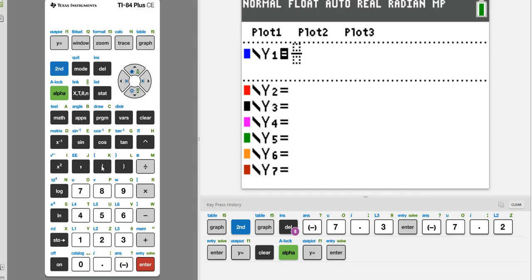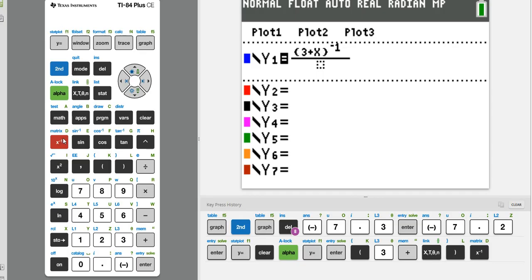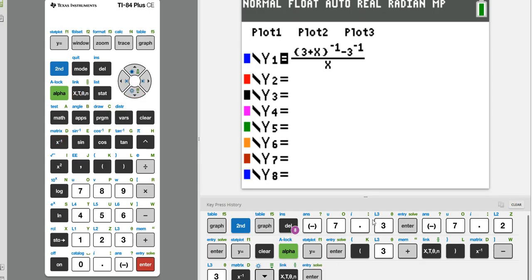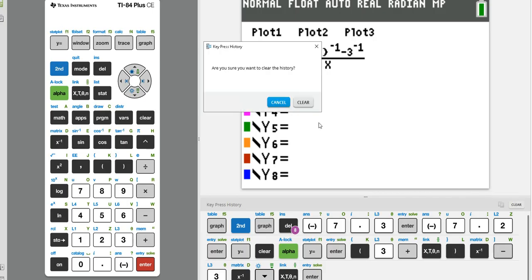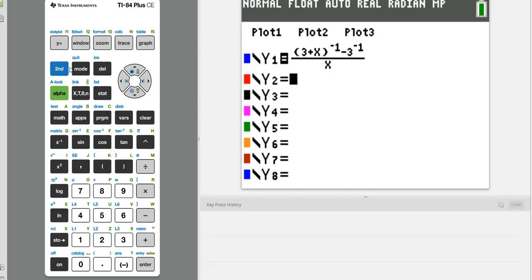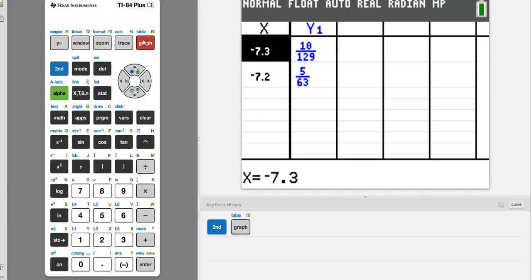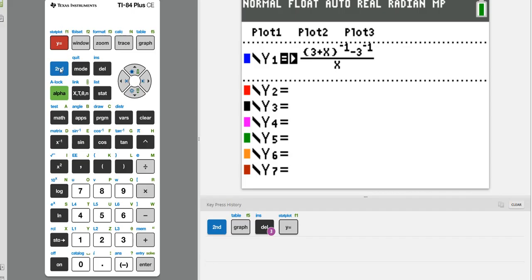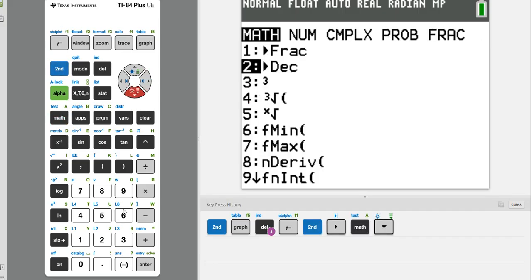So I could put in (3 plus x) to the negative first power minus 3 to the negative first power over x, and take a quick look at it with the table. Let me hit math and then go to a decimal.